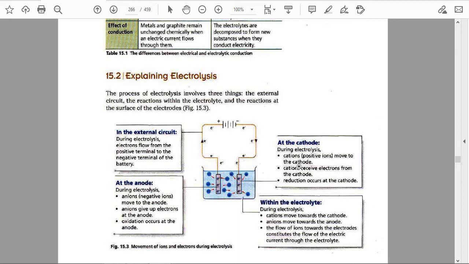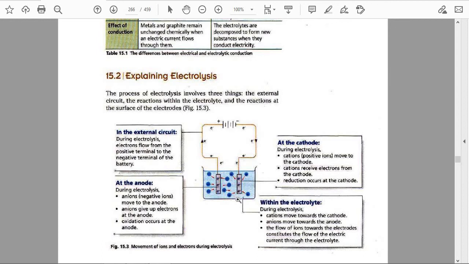Still remember, the cathode is a negative electrode, so the positive ions will go to the negative electrode, because unlike charges attract each other. Cations receive electrons from the cathode, so reduction occurs at the cathode.